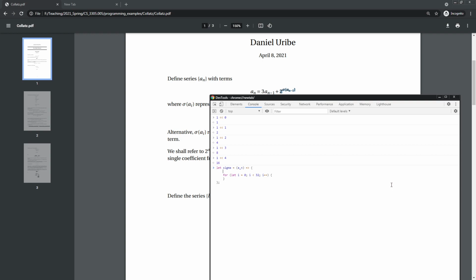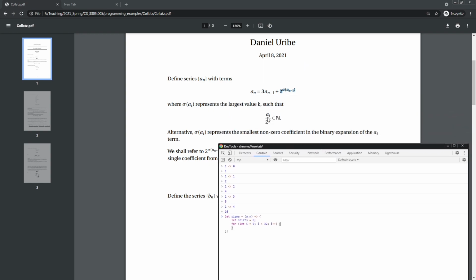We want to know the tally, basically, how many shifts were required in order to find the first non-zero value in our binary representation of the number.